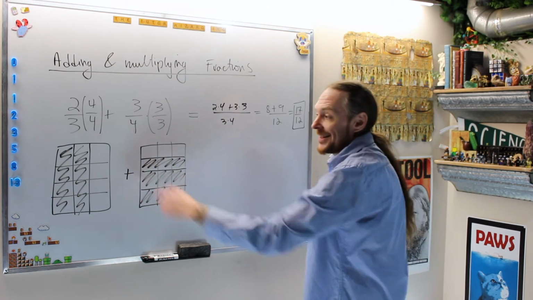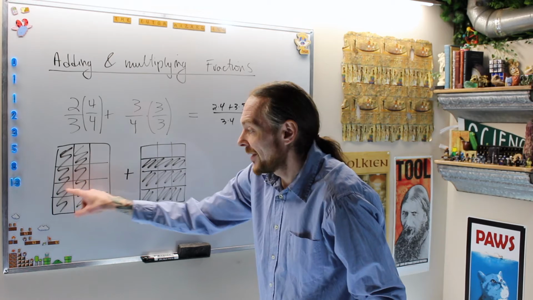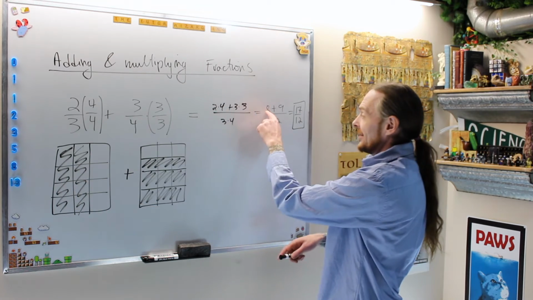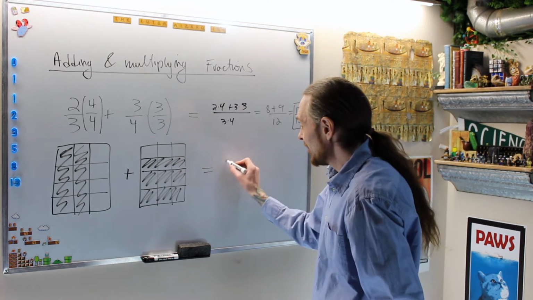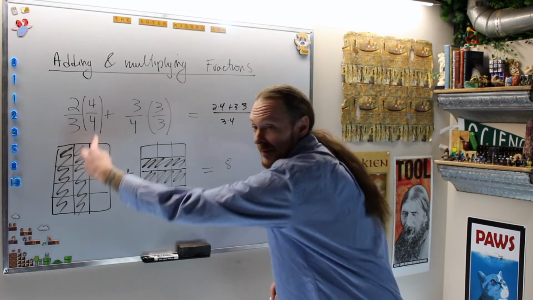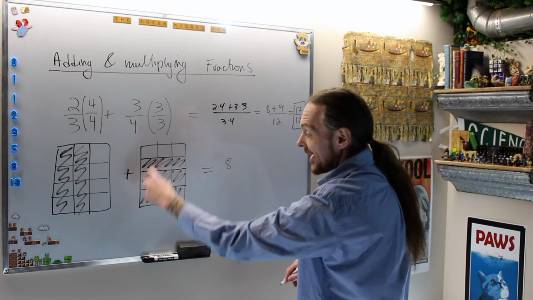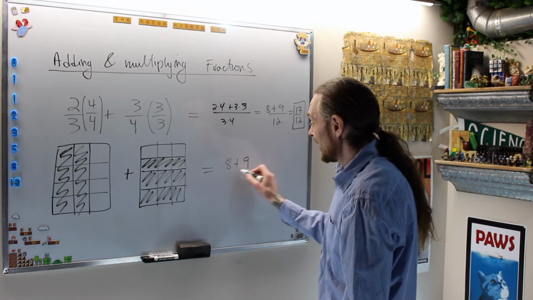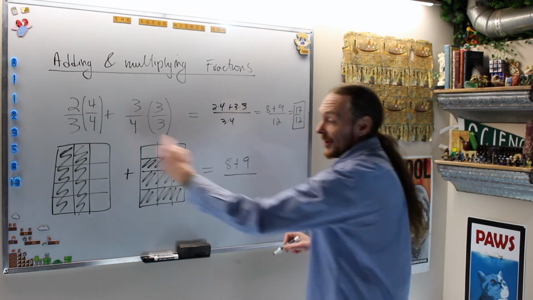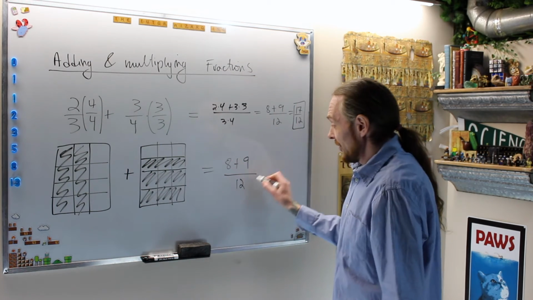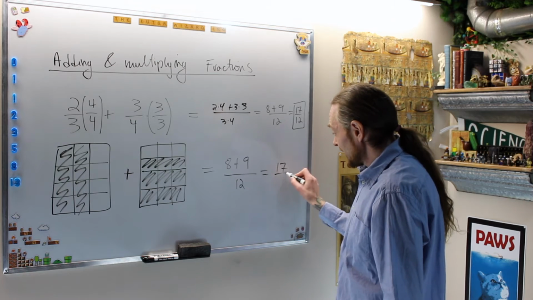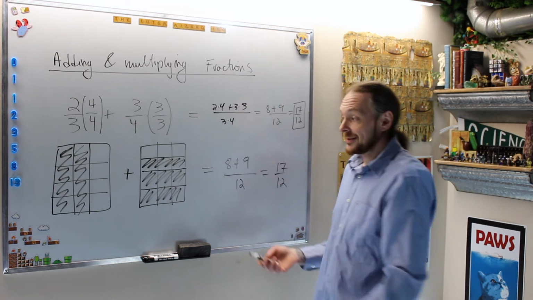And now when I'm adding these, I can see 1, 2, 3, 4, 5, 6, 7, 8. This is going to be 8 squares from the first pie, and then 9 squares from the second pie. And what's that out of? I've divided it into 12. So this is going to be 17 over 12. Geometrically, this is what we're doing.